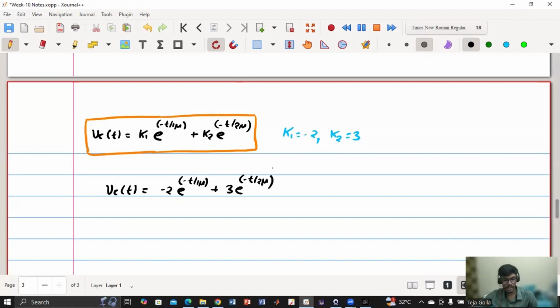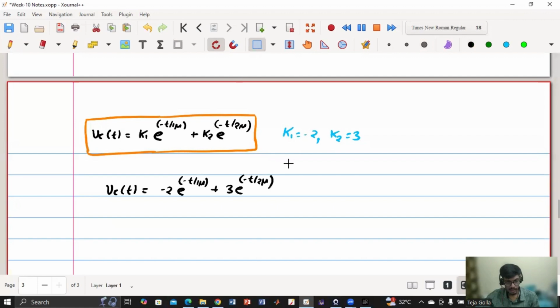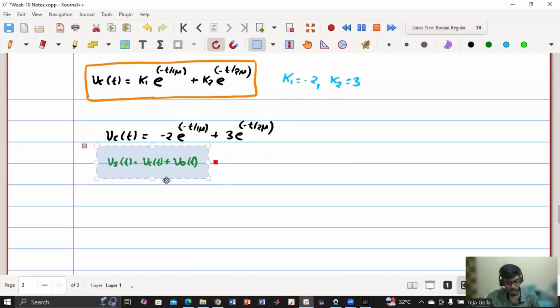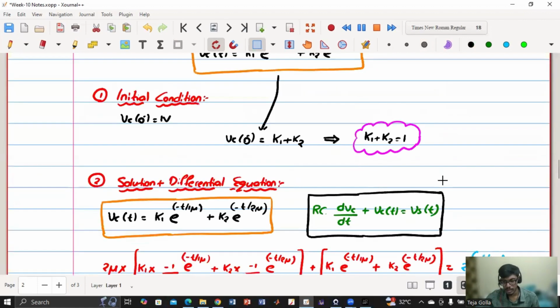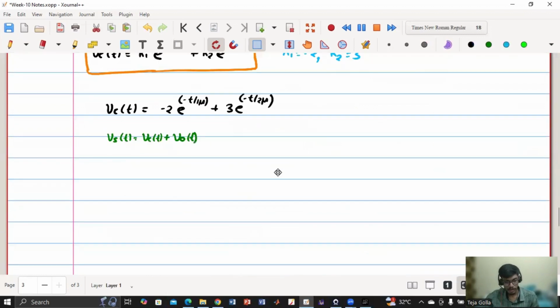But this is not what they are asking. They are asking V naught of t. And I have told that first let us calculate VC of t, and from there we'll calculate V naught of t. So Vs of t is this, and this is my V of t.